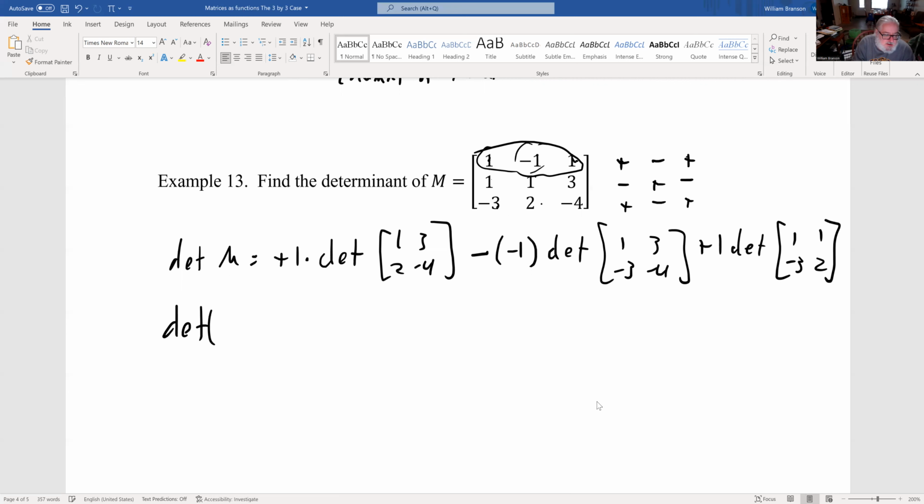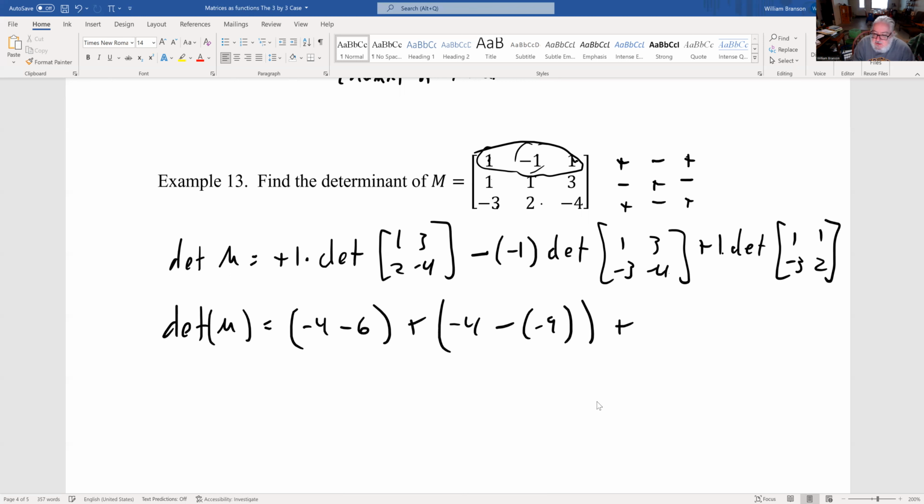So the determinant of M is, well, 1 times something is just 1. And the determinant of this matrix is 1 times -4, minus 3 times 2, which is -6. Plus, right, minus is a plus, the determinant of this matrix, which is 1 times -4, which is -4, minus 3 times -3, which is -9. Plus, this is +1, 1 times 2, which is 2, minus 1 times -3, which is -3.